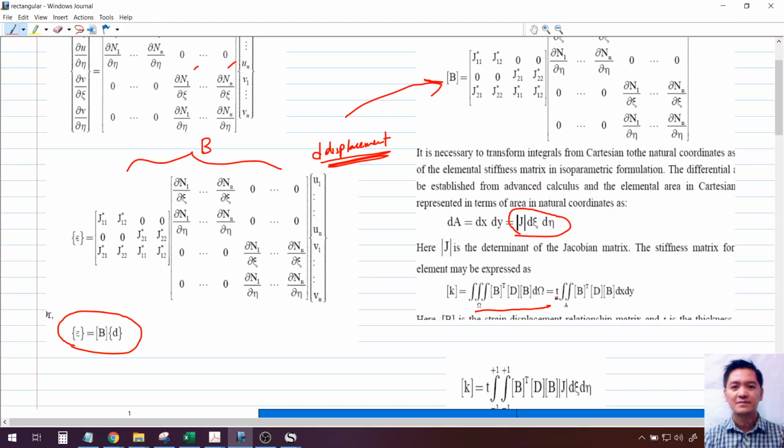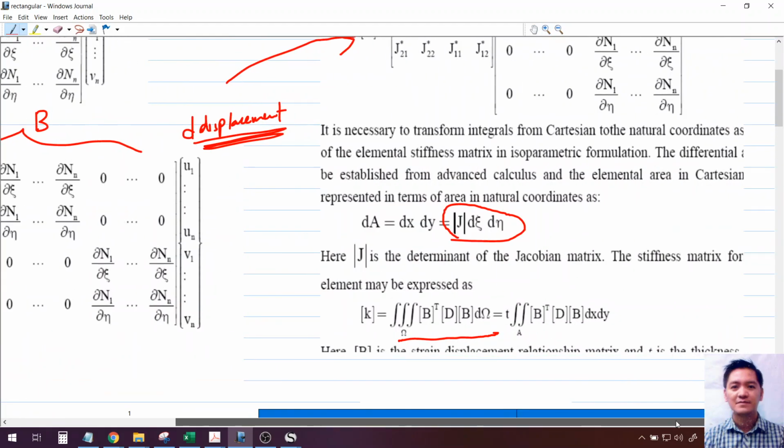Since T, let's assume T should be constant. We can now extract this. The differential volume becomes now T times dA, right?